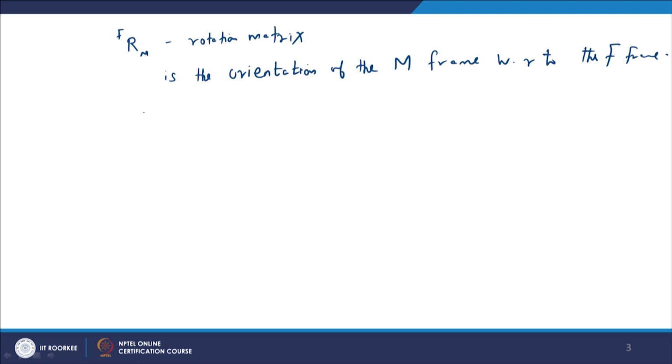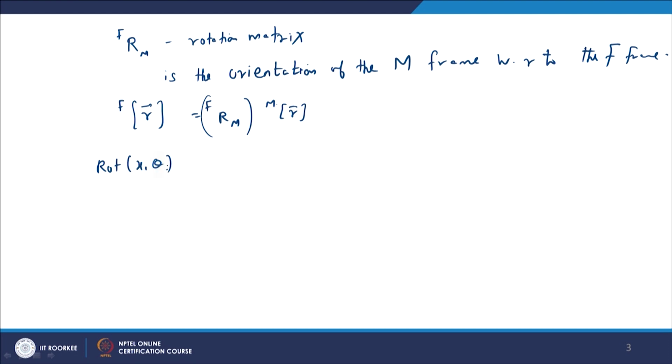So it gives the relation between the coordinate of a point R and the coordinate of the same point with respect to M, how they are related. So this F or M represents the matrix relating the M frame with respect to the F frame. So this is the meaning, and we have also introduced the fundamental rotation.